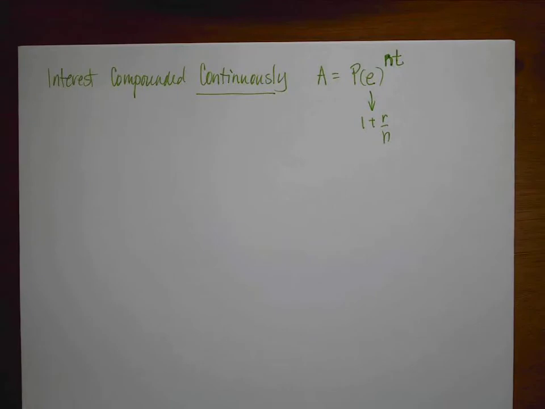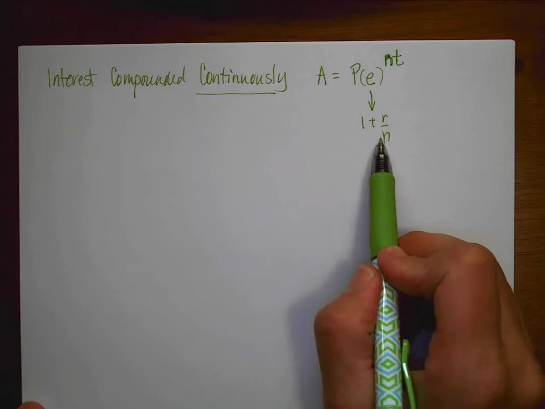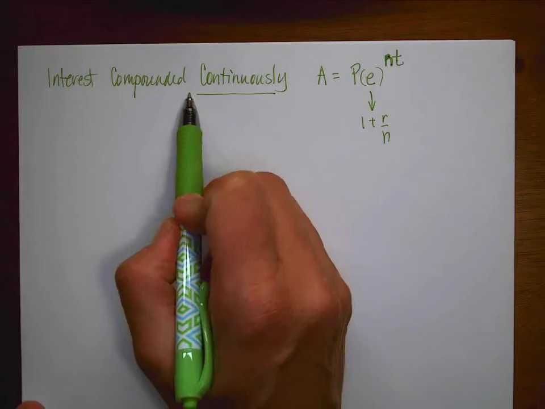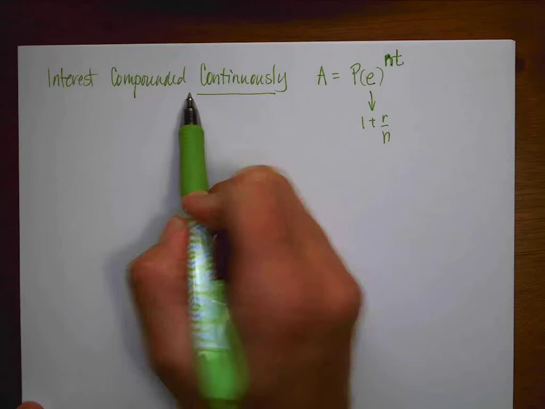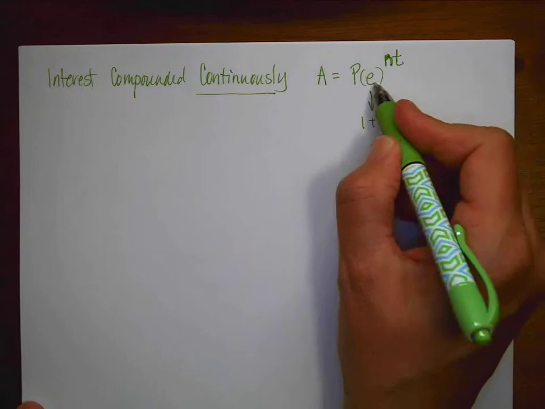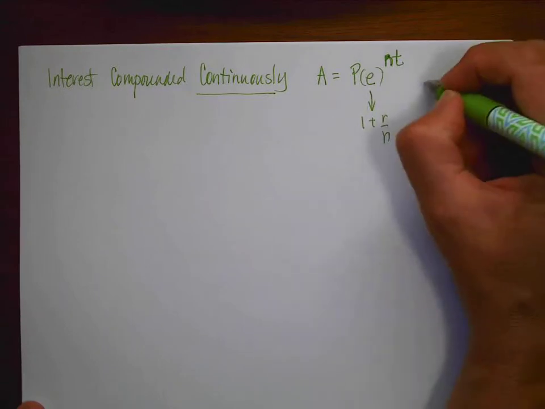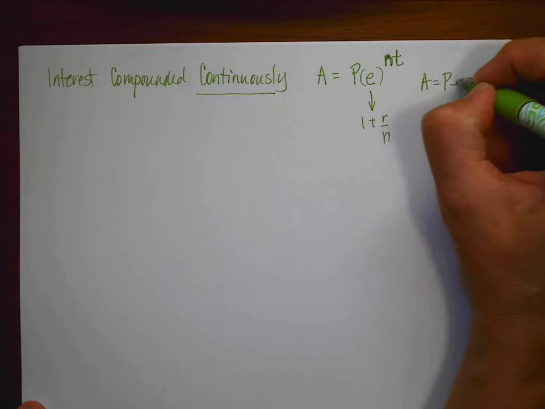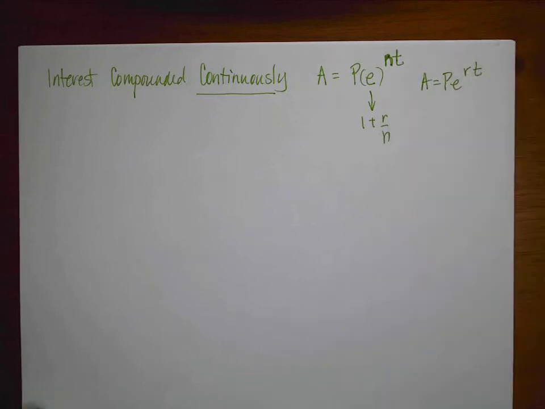Sorry, brain and mouth aren't working at the same speed. There we go. So, as this compounding period gets tighter and tighter, then we call it compounded continuously, and then this is the new formula. So it's PERT, A is equal to P E to the RT, in case you can't read my handwriting.